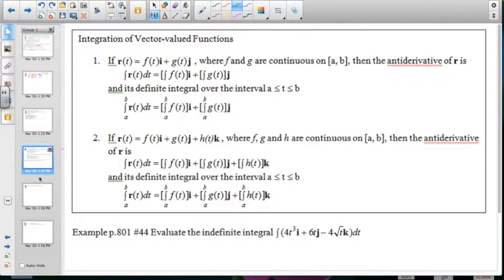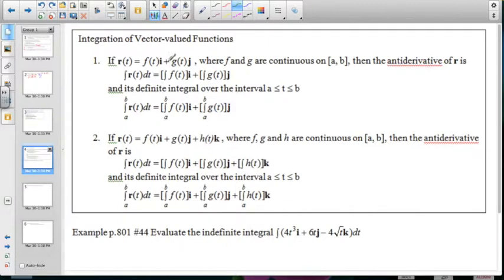If we talk a little bit about integration, really all we're doing is we're integrating as we've always integrated. So if we want to integrate a vector valued function, we're just going to go ahead and integrate each component. For definite integrals, we can go ahead and evaluate and get a numeric answer.